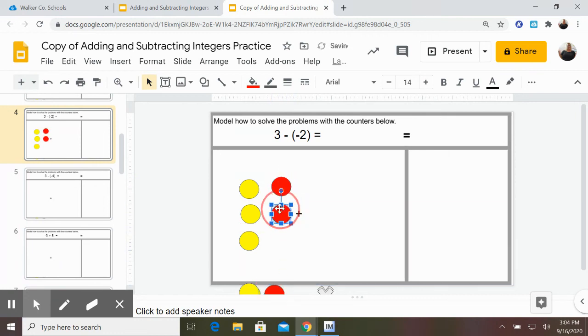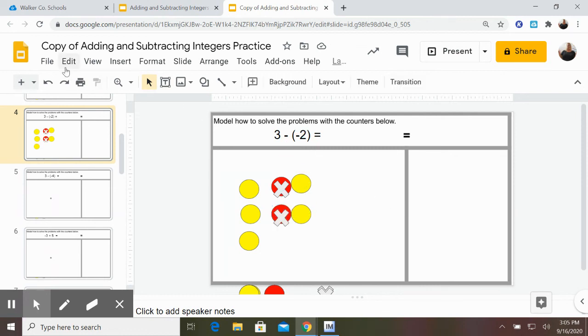I'm going to stop at 2 because I know that I only need 2 to have 2 negatives there. Okay, so here's my zero pairs. Now I'm going to show how I'm taking those reds away by these X's. So that one goes away and that one goes away. And I'm left with 1, 2, 3, 4, 5 positive yellows.